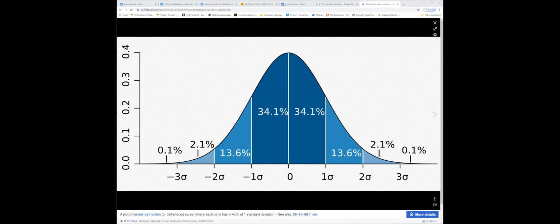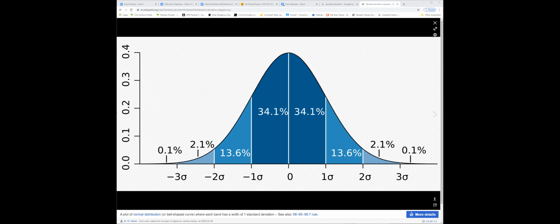So then the answer, the spring constant, is going to be equal to 253.6 plus or minus 33, right?